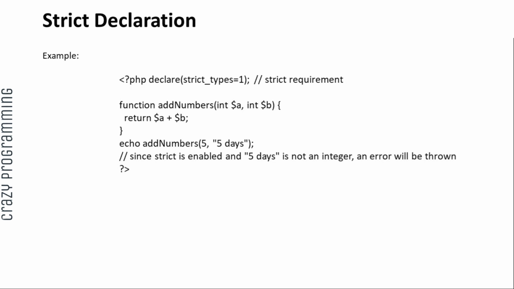As you can see, strict is enabled, as I enabled it in the first line: PHP, declare, inside the brackets strict_types equals 1. Since strict is enabled, "5 days" is not an integer, so it will show an error.